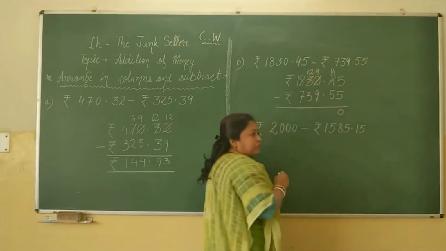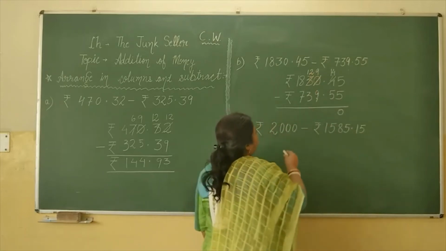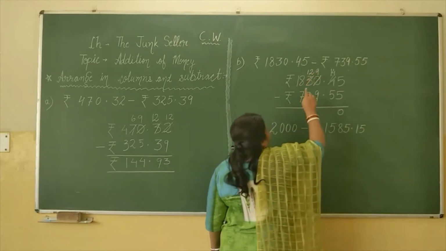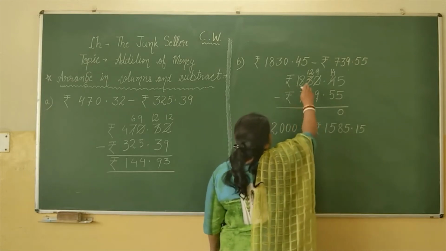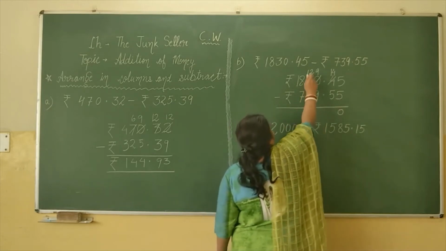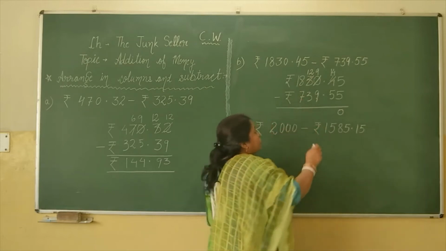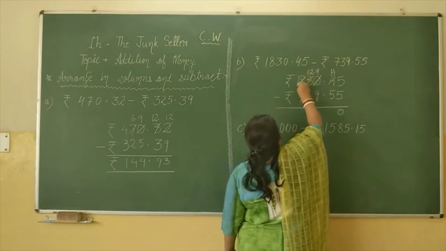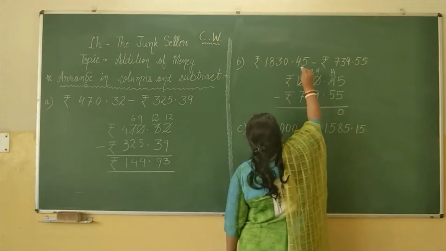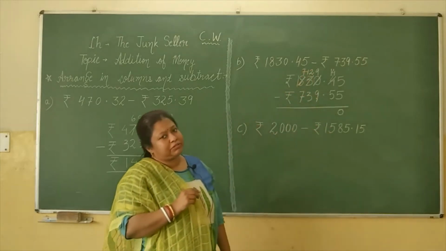So this 3 becomes 12 because we have to subtract 3 from 2, and that can't be done. So we make it 12, and how do we make it 12? We have taken a borrow from this 8. So this 8 becomes 7.